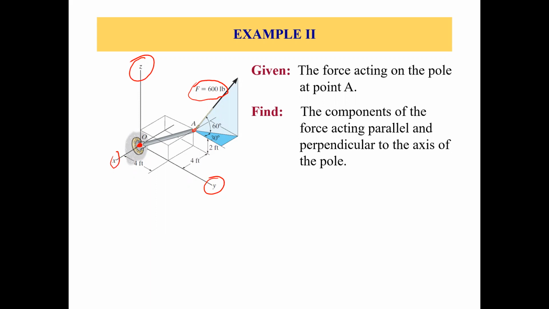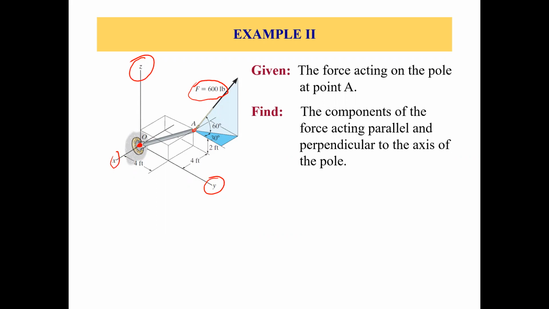The force is acting on the pole at point A, we already said that. What do we need to find? The components of the force acting parallel and perpendicular to the axis of the pole. If you look at this figure, the force is acting in some other direction than the direction of pole OA.